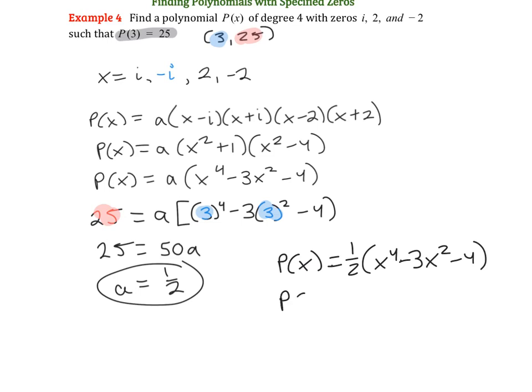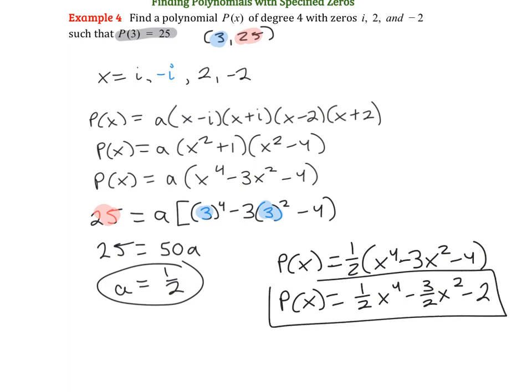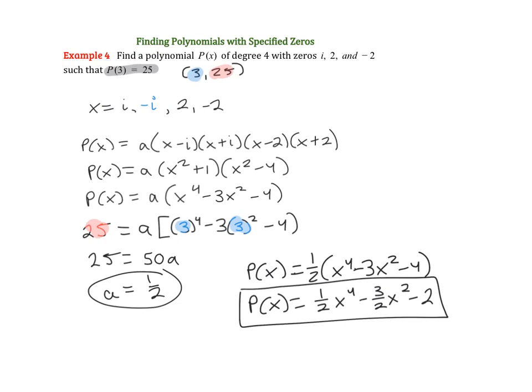And I'll just distribute that in, so I have a nice polynomial. So 1/2 x to the 4th minus 3/2 x squared minus 2. And here is my polynomial. So this polynomial, again, has a degree of 4, and it has the zeros i, negative i, 2, negative 2, and it goes through the coordinate 3, 25.